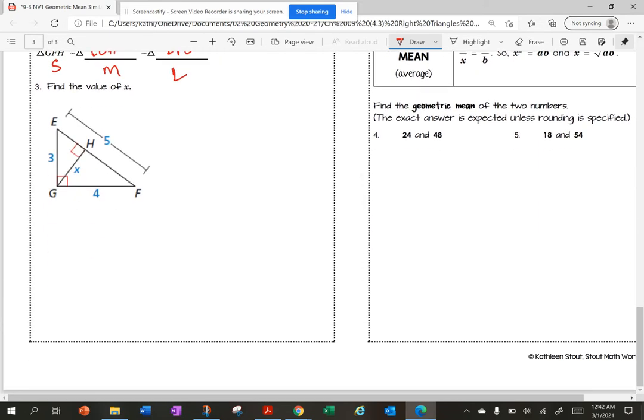All right, so I'm still working on triangles here. So I want to set these up so I can solve for some sides. So here are my 2 other triangles.